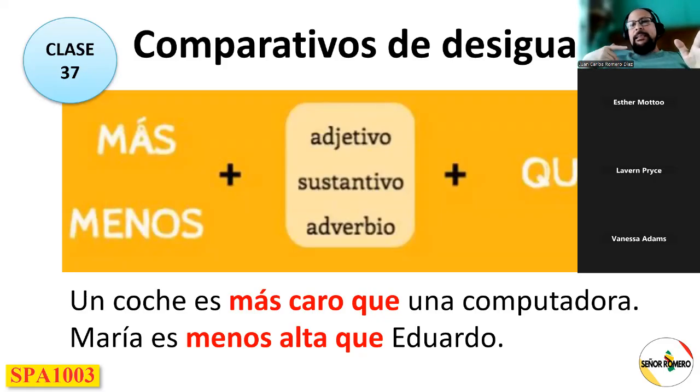But you will say Jose is more handsome than Miguel. So you have two different ways to express comparative in English: er than and more than. If the adjective is long, you will use more than. But if the adjective is short, you will use er than.